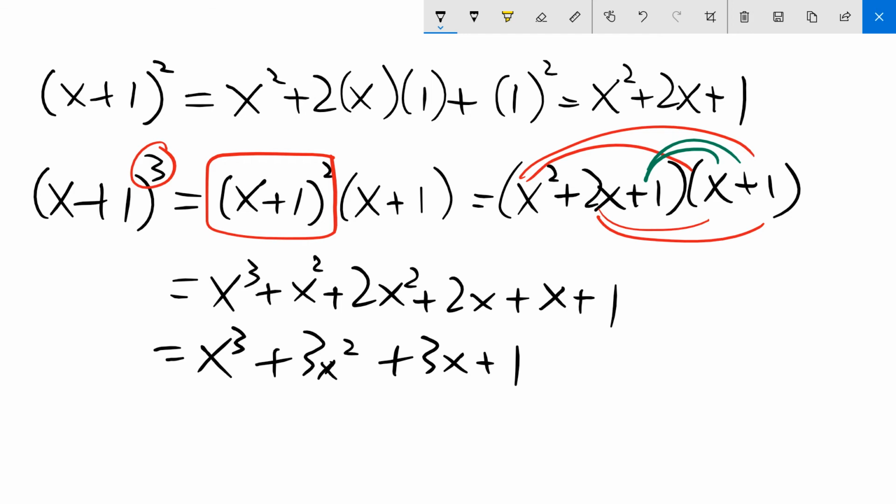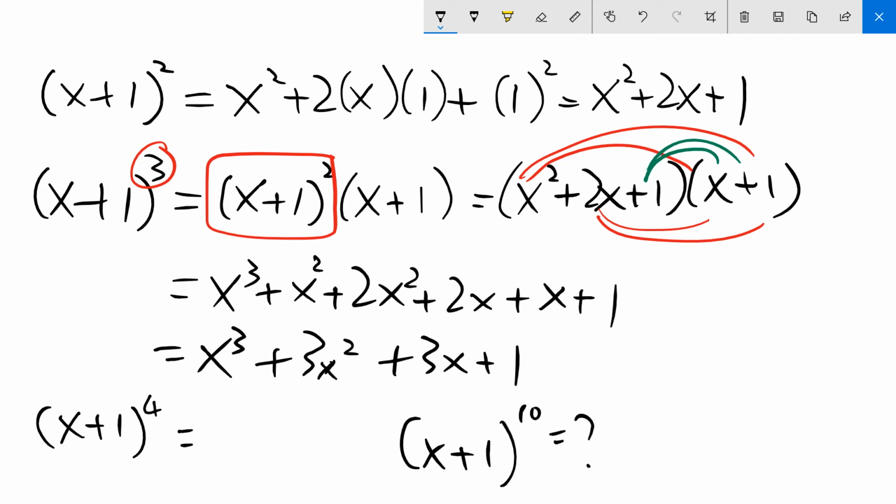And you can expect the next question is, what if we want to expand x plus 1 to power 4? If you want to do it in this way, in order to expand up to power 4, we have to expand up to power 3 first. So what if we want to expand x plus 1 to power 10?